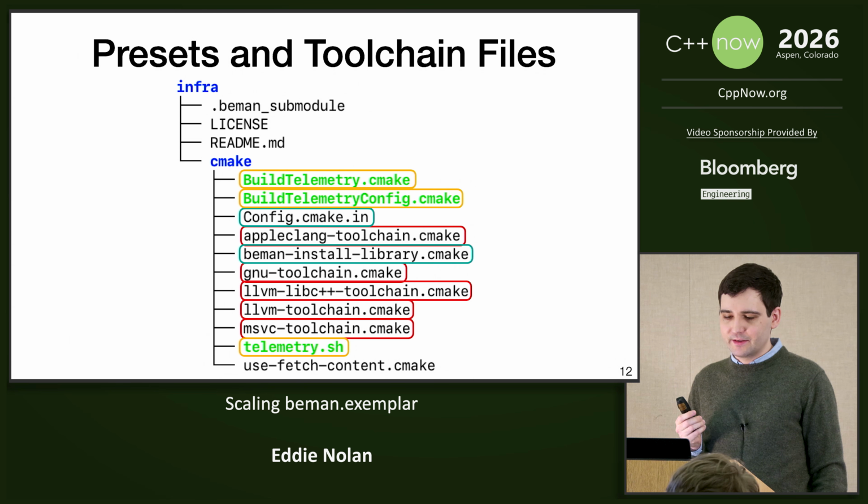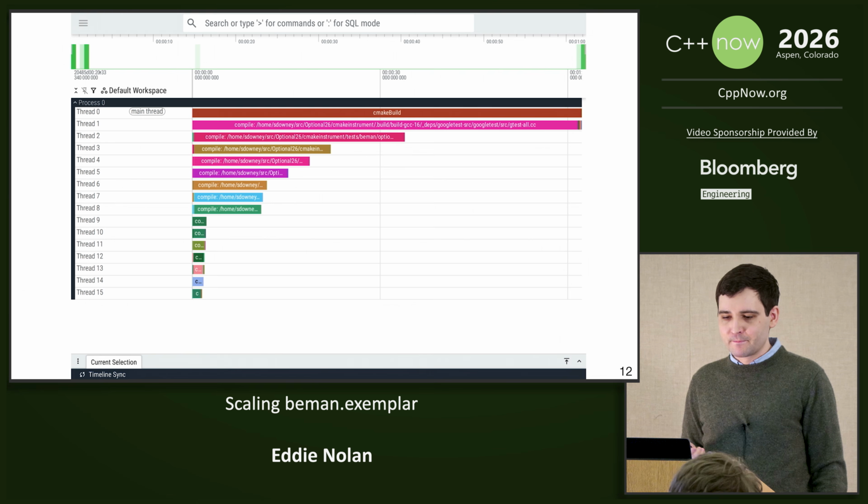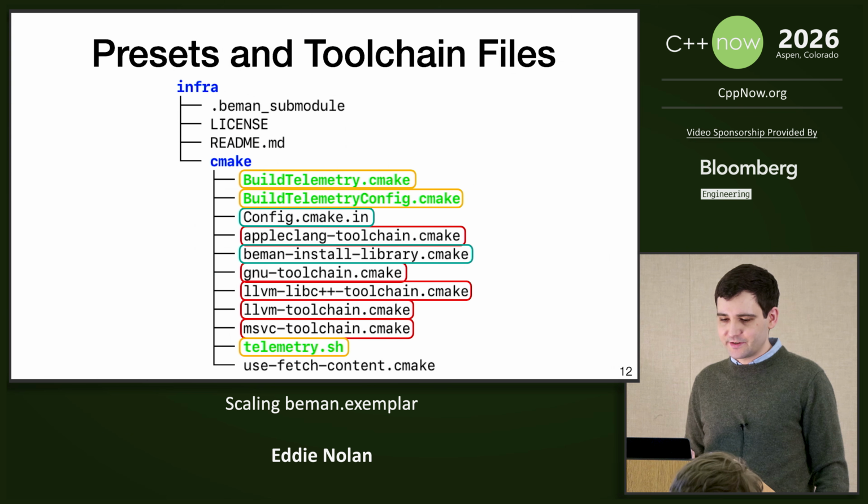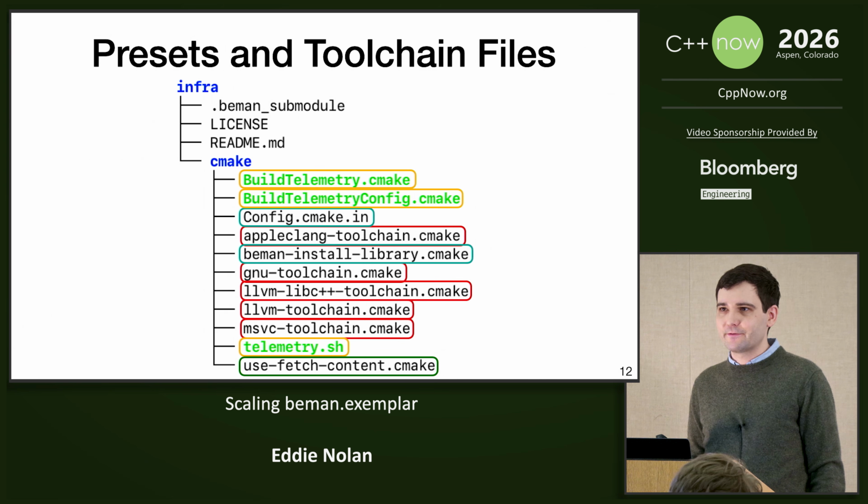But if you have CMake 4.3 and you build a library that's a Beman library, you get this really great file that you can put into a web GUI, and it lets you browse all of the compiles and see exactly how long they're taking, and it helps you debug your build performance. That's a pretty great thing to have for all of our libraries. We also have this useFetchContent.cmake file.